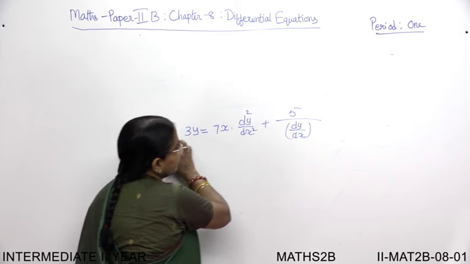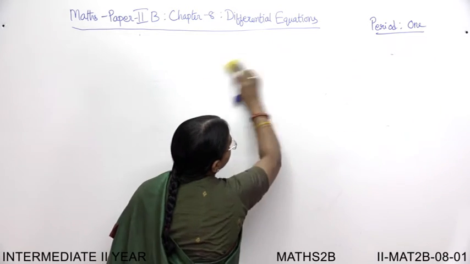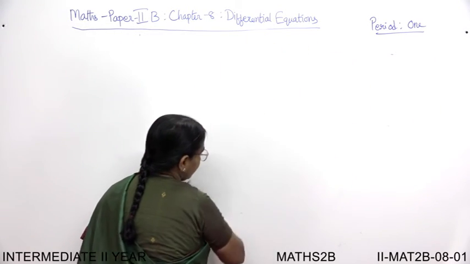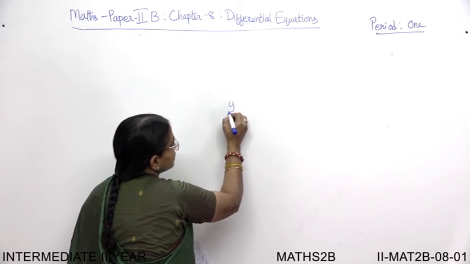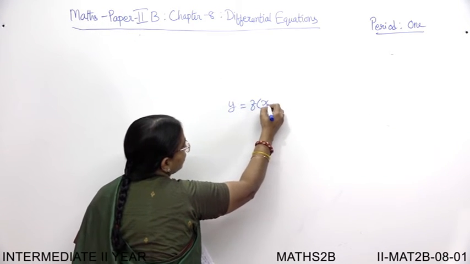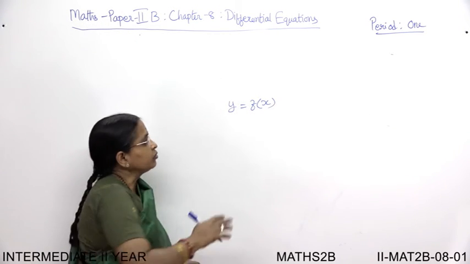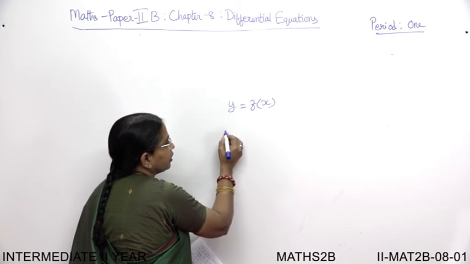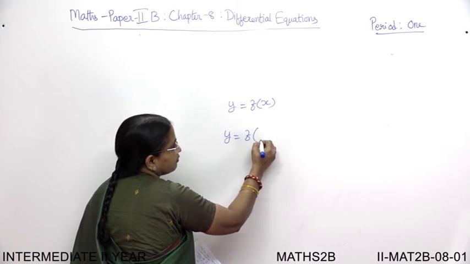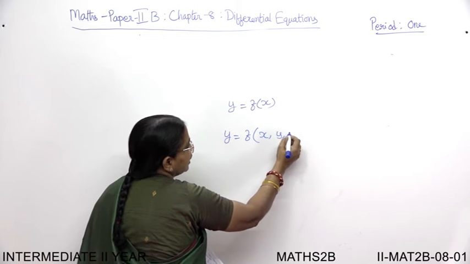So understanding the terms order and degree of a differential equation is very important. So we were just dealing with y is equal to f of x. It has only one independent variable. Suppose I have it as a function of x and y.